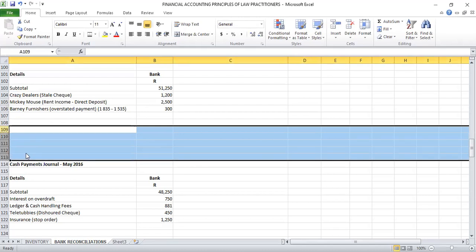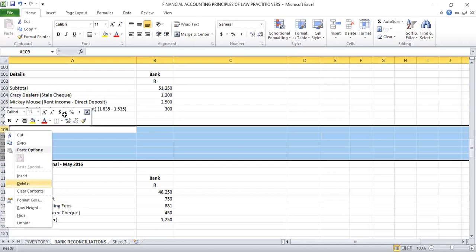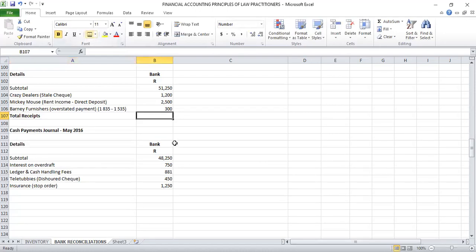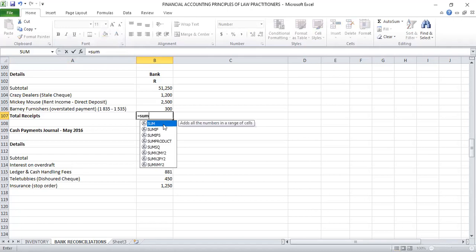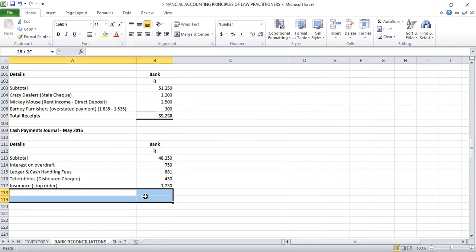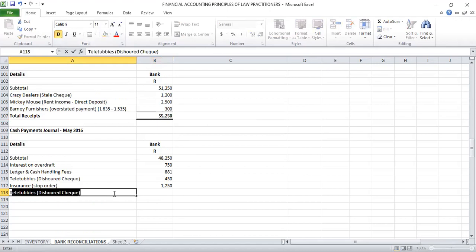Then we find our total receipts and our total payments. That will be the total receipts. Then we'll have our total payments.